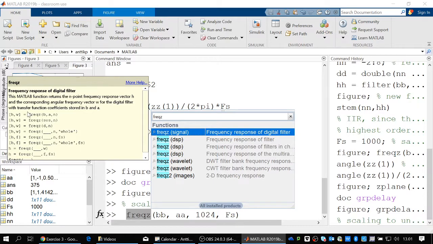There we are. So it returns the H, the complex frequency response.